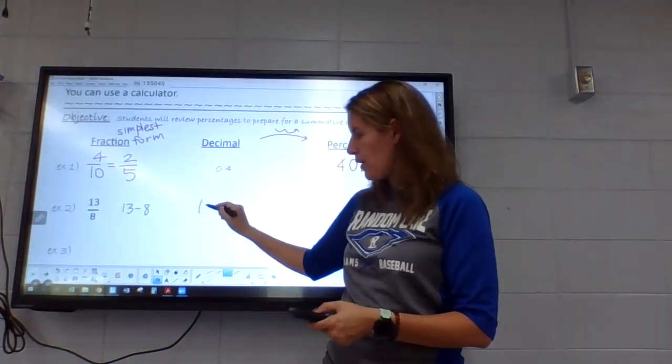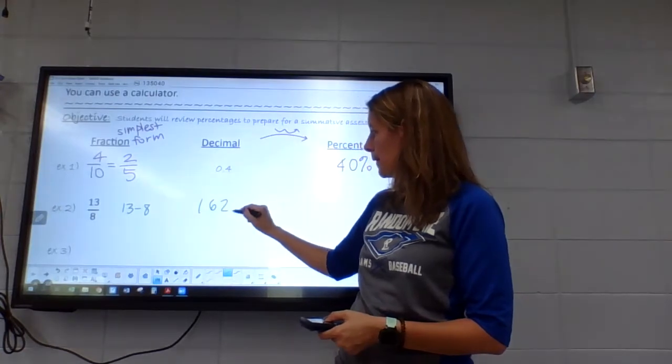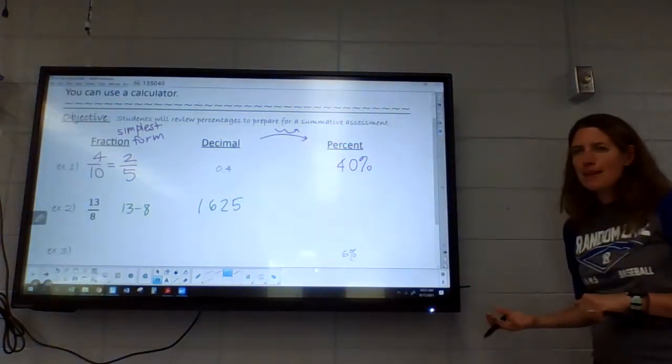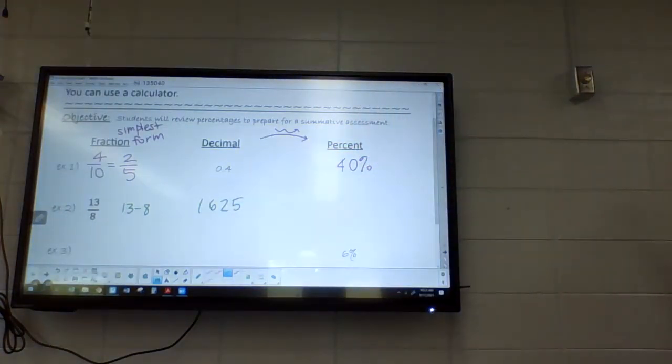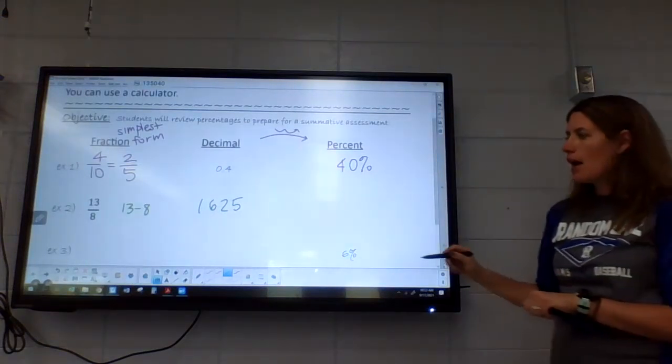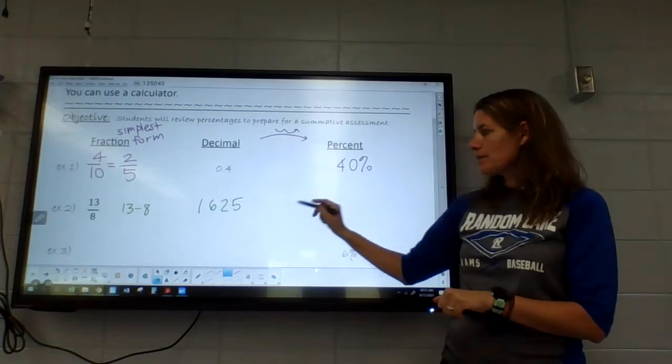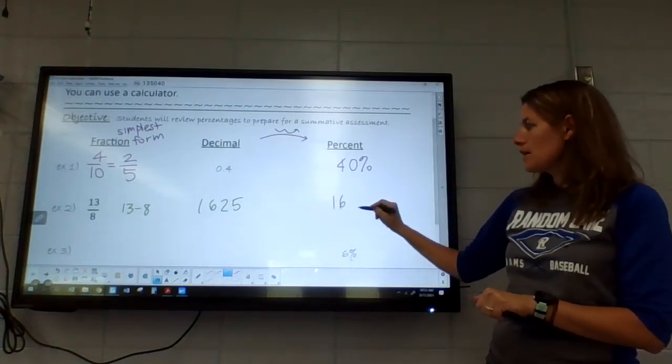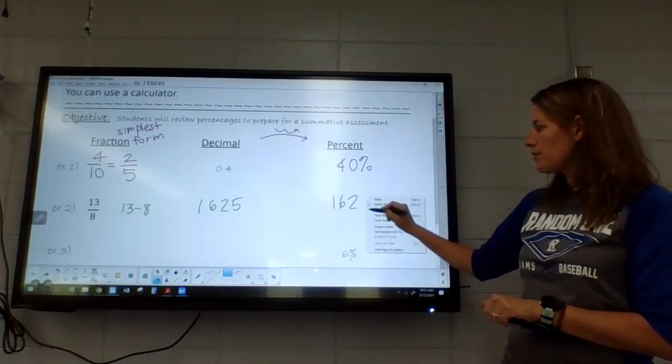I got 1.625. That makes sense because it's over 1, since 8 can go into 13. And then if I go this way to a percent, I'm moving the decimal 2 times to the right: 162.5.